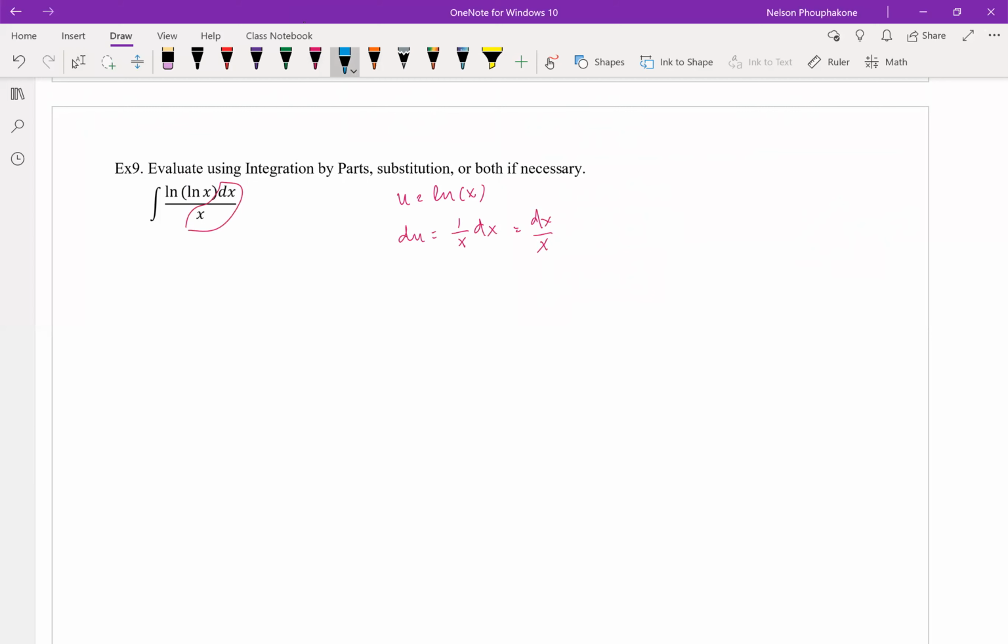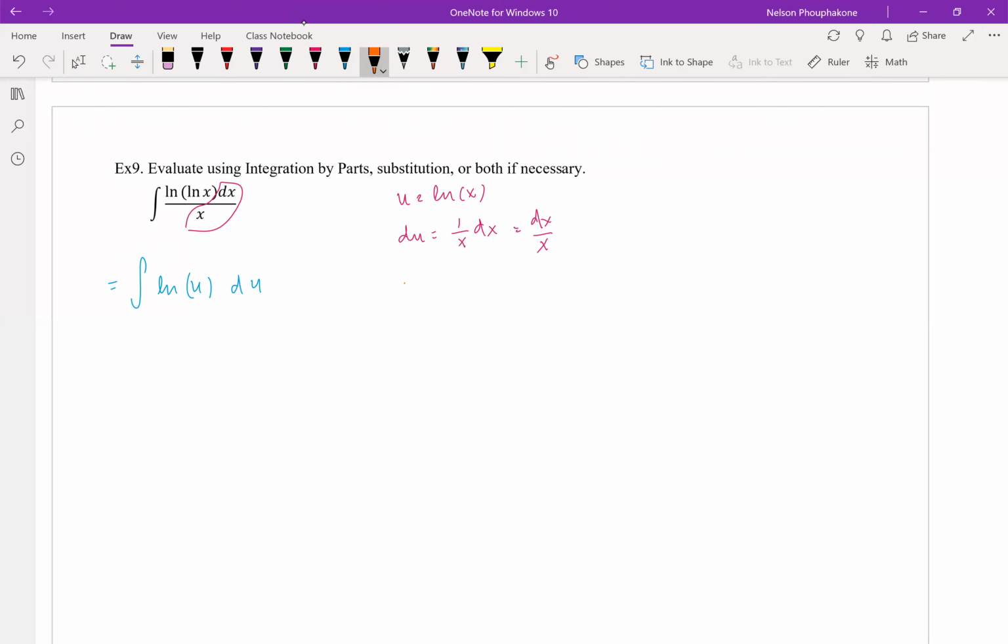Then now we will have this one is natural log of u, and then du. So now we need to use integration by parts, right?